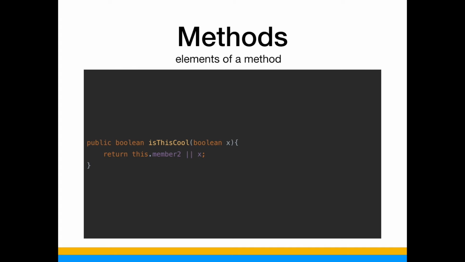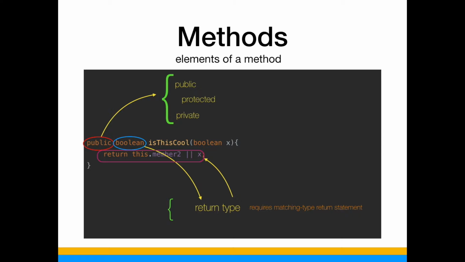A method is very similar to a constructor, where you have the access modifiers. In this case, we do have a return type, which is tied to the last line of the method, because unless we have the data type void as a return type, every other time you will need a return statement, meaning the keyword return and then the data that it's supposed to be returning, which matches the return type.